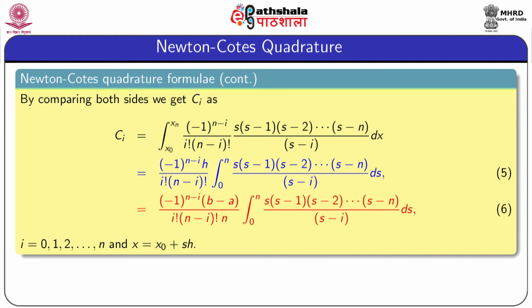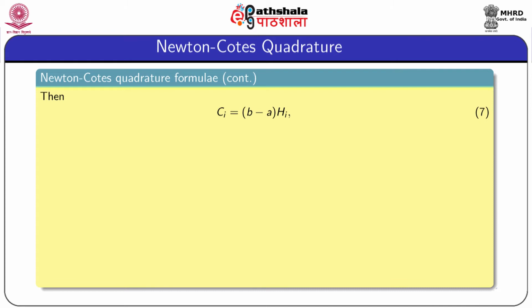The terms free from s are taken out of the integration, and the quantity h is replaced by (b minus a) by n. So this is the coefficient ci, which is written in the approximate form of the Newton-Cotes quadrature formula, and this ci is calculated from equation 6 for all i equal to 0 to n, where x equal to x0 plus sh.